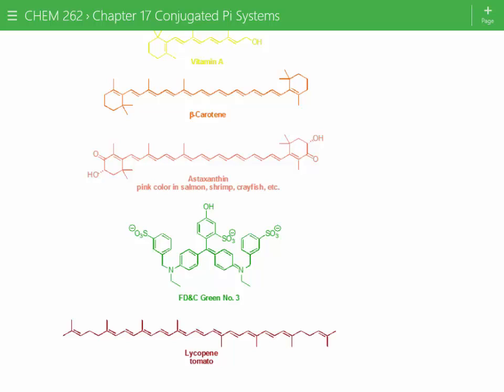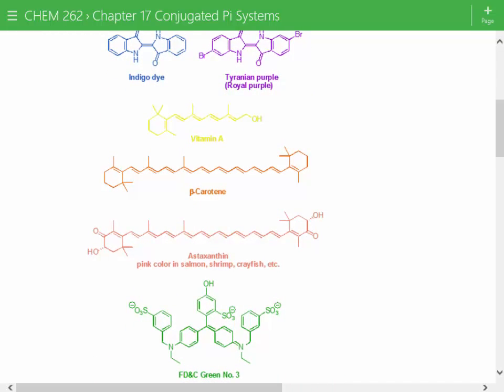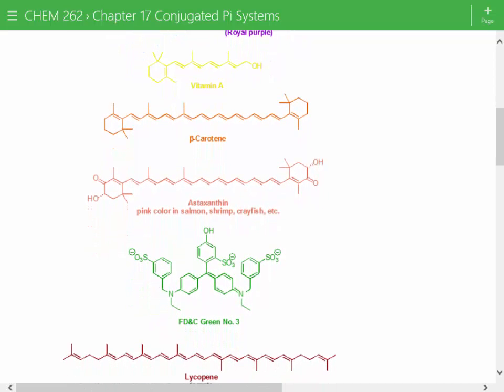So the more conjugation we have shifts this to a longer wavelength light. I know vitamin A is really hard to see above in yellow, but this has fewer double bonds. And then the one below that is astaxanthin. It's pink because it's got even more double bonds. So every double bond we add shifts it to a longer wavelength light, so it appears to be more red, or it gets red shifted.